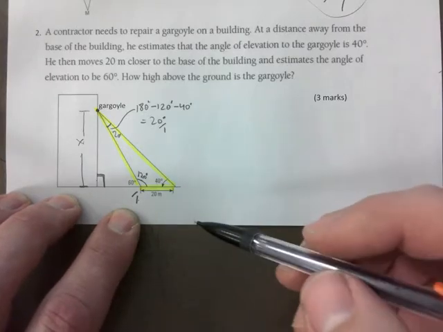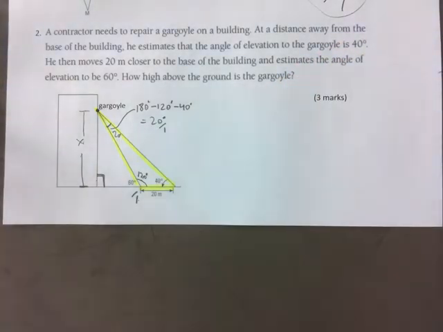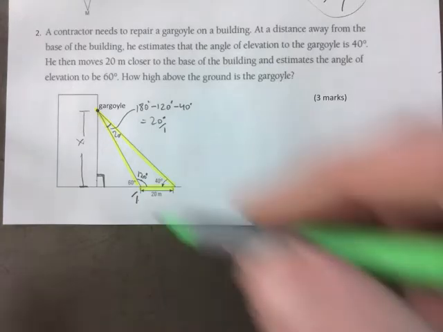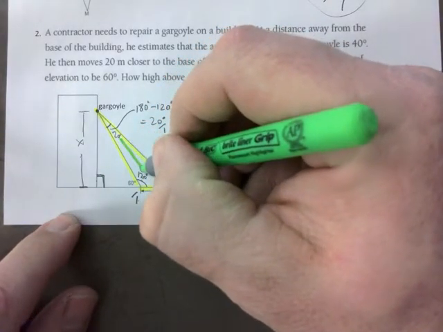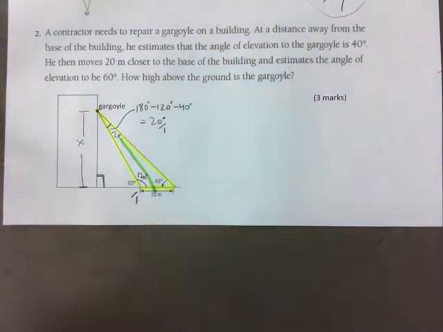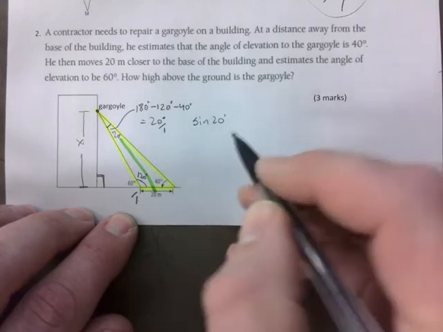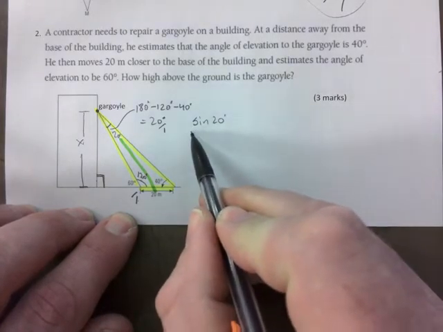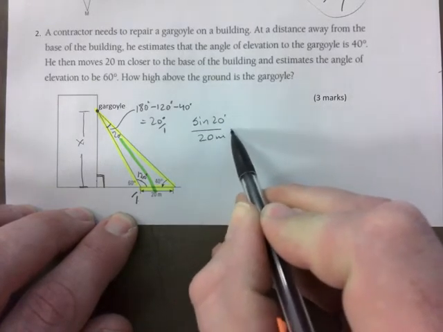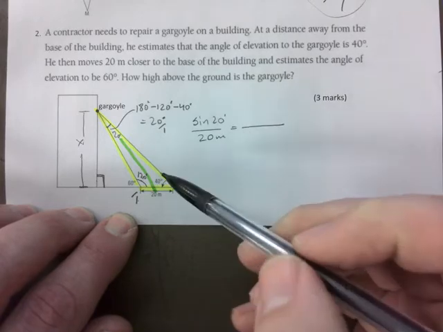Right? Now, I have a pair. I'm going to use a different highlighter. This one goes with that side right there. They both happen to be 20. So that's my pair. I know I need to use sine law. You get a mark if you're using sine law, by the way. And now it's the choice.